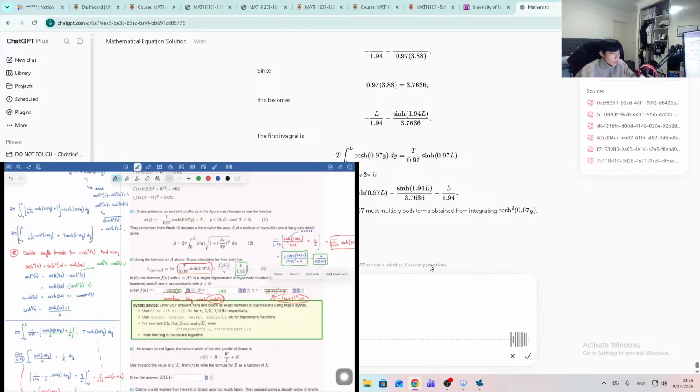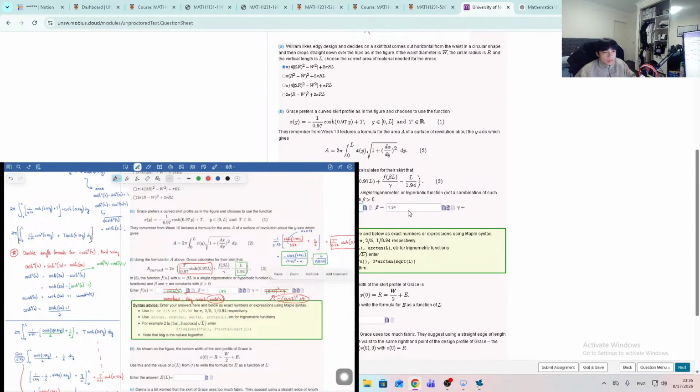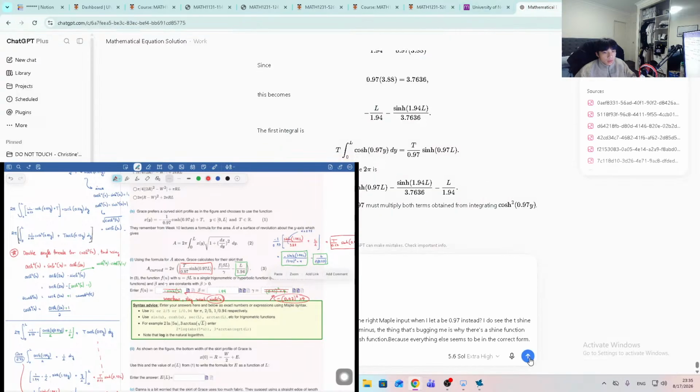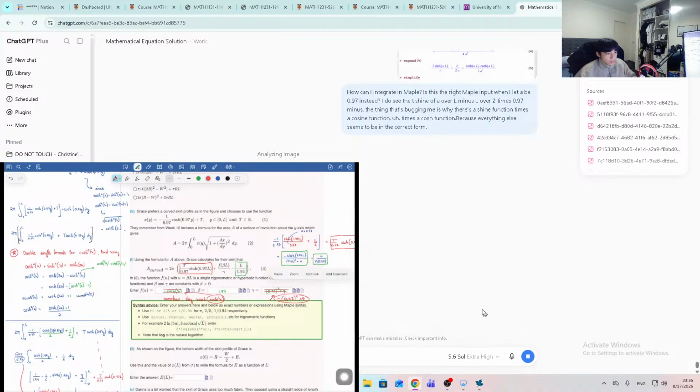Because everything else seems to be in the correct form. What's going on with our integral?